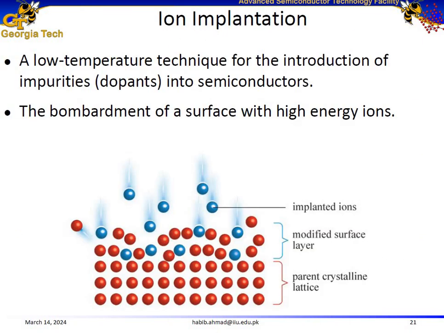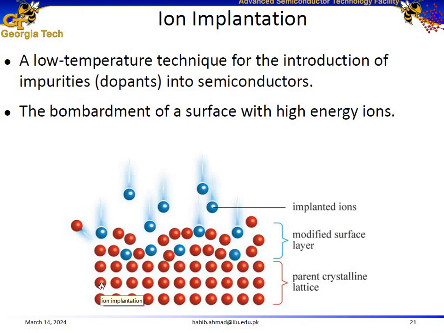So ion implantation is a low temperature technique for the introduction of impurities into semiconductors via the bombardment of the surface of the host atom with high energy ions. For example, consider a silicon crystal lattice, where inside the crystal lattice, or inside the substrate, or we can also call it the wafer, we have periodic arrangement of atoms over here, as you can see.